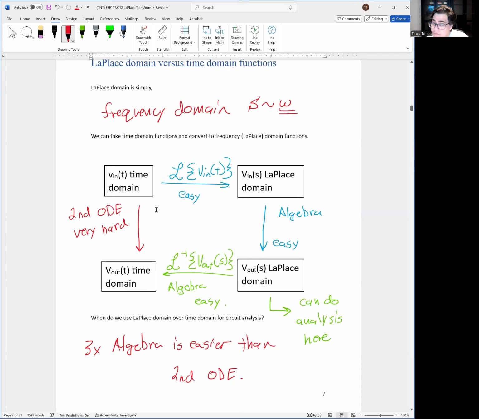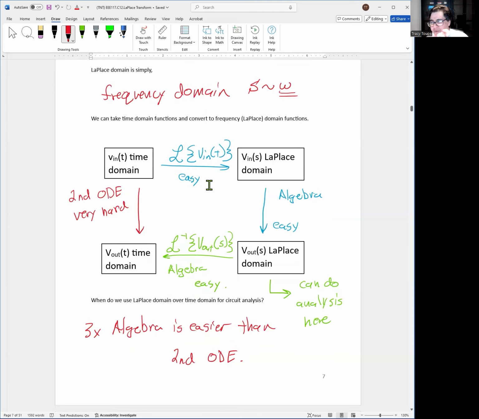Or we could do a transform called a Laplace transformation from time domain to Laplace domain in the upper right corner. Notice we go to capital V in of S, where S is now a frequency. And we just use this fancy L bracket to say this is Laplace transform. And honestly, Laplace transformation is very easy. It's a table. You just look up the table, you just write the answer, you keep on going. It's almost brain dead, if you ask me. There might be a couple of tricks, but for the most part, the transform is not that bad.